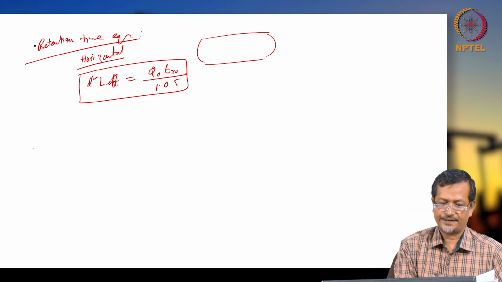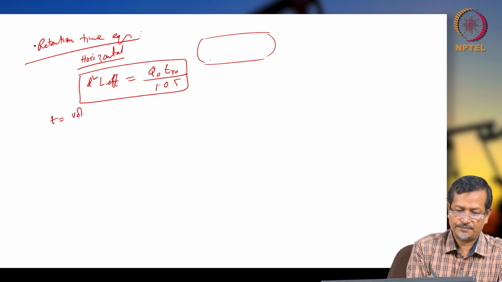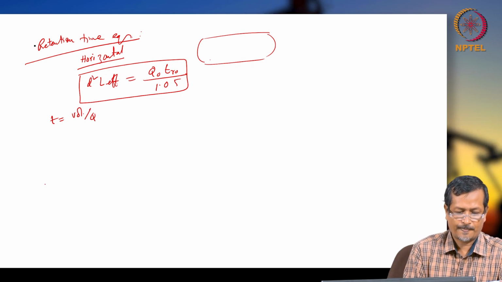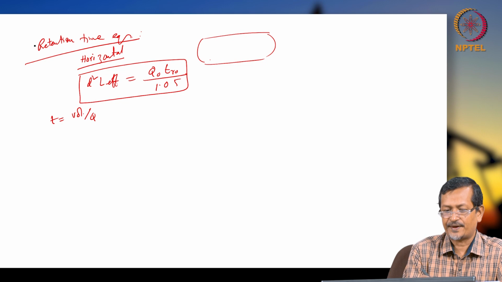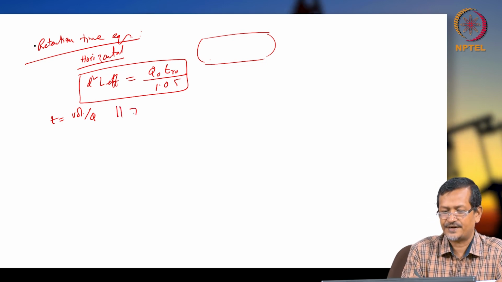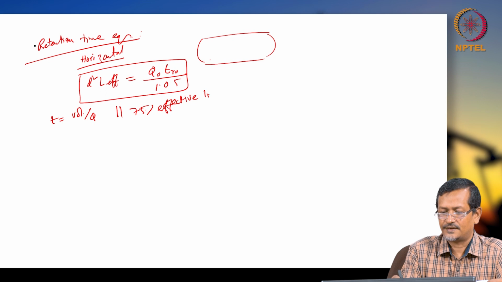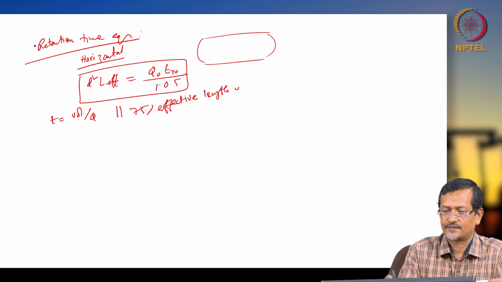So T again, T equals volume divided by Q. Okay, they assume 75% of the effective length is useful for separation.